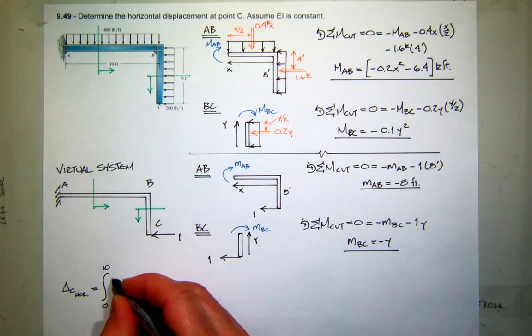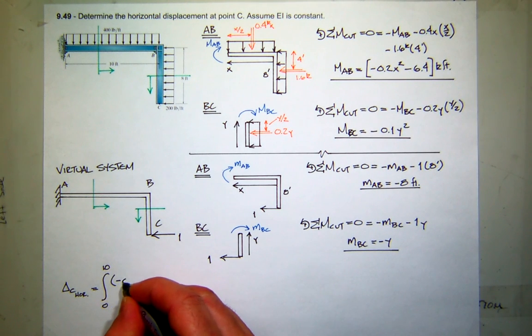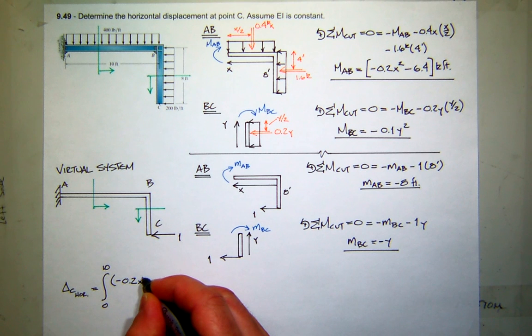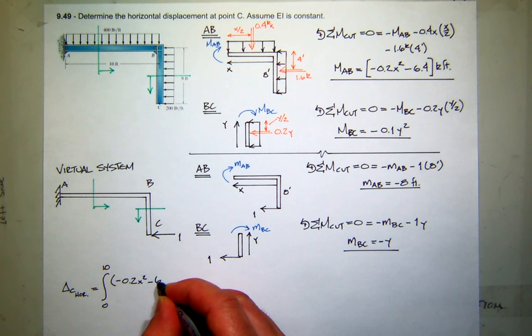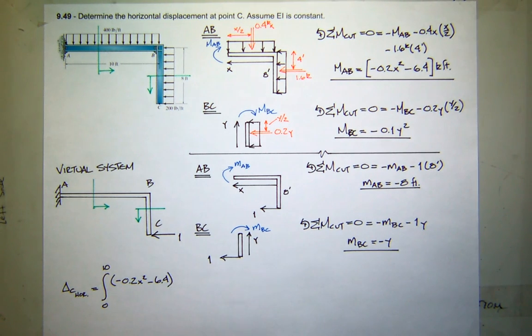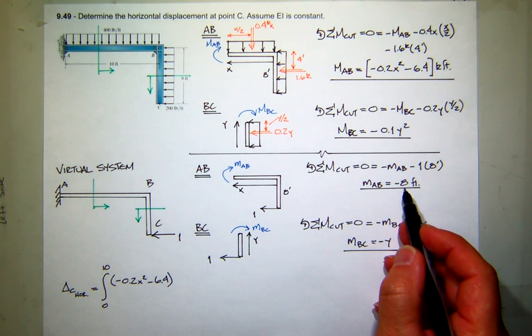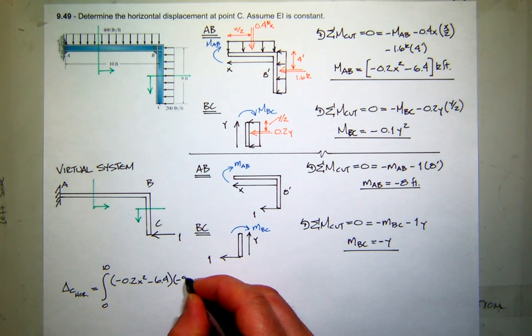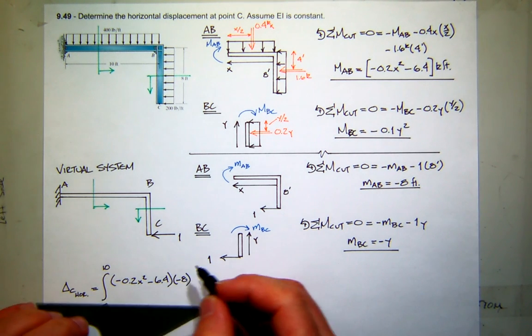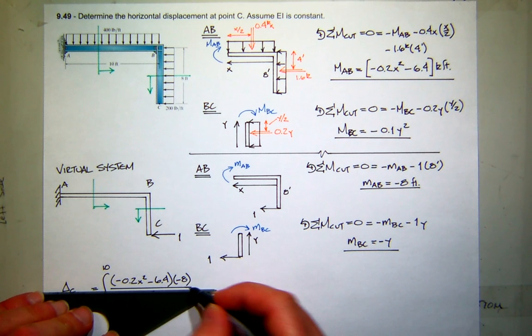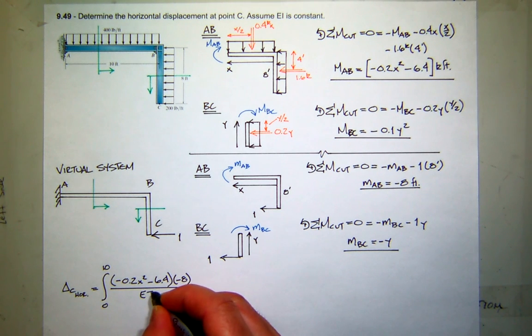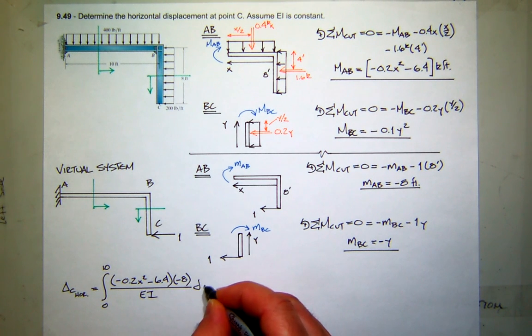This thing. So negative 0.2x squared minus 6.4. And the virtual moment? And we'll divide that by E and I, and that's integrated in x.